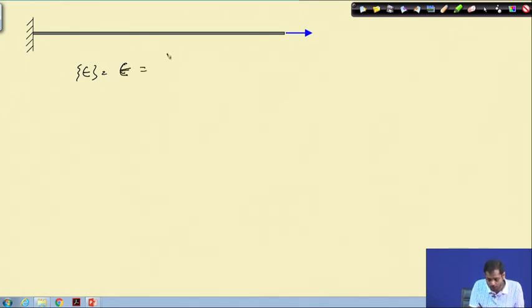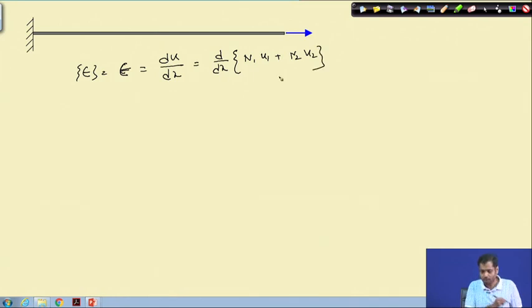Strain is equal to du dx, right. This is the definition of strain. Since it is one component, it is not a partial derivative, it is just du dx. Now, that is equal to d dx of u, and u we just now have, u is equal to n1 u1 plus n2 u2, right.